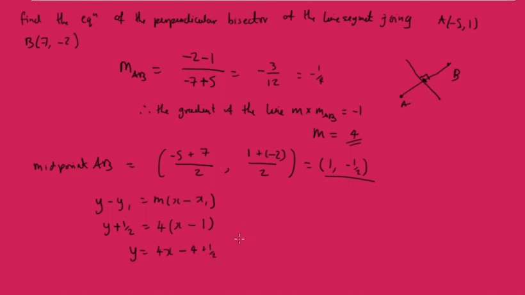We're going to get rid of this half, so we'll multiply through by 2, and we'll get 2y equals 8x minus 9. And I hope that helps.